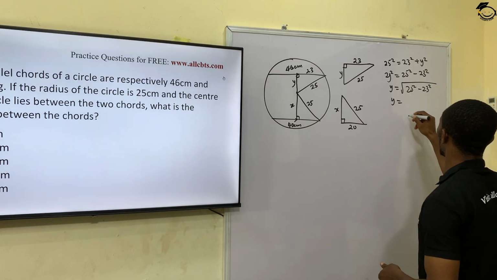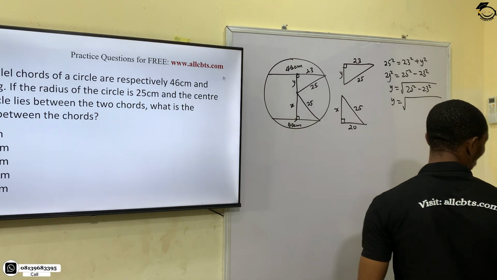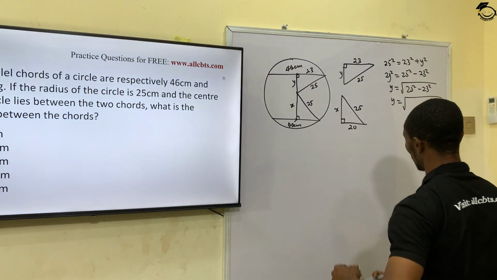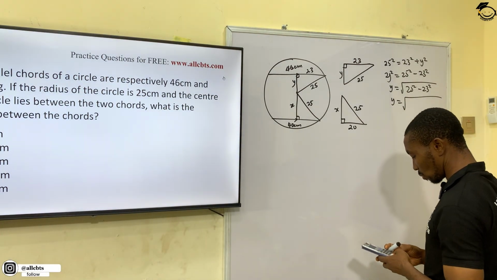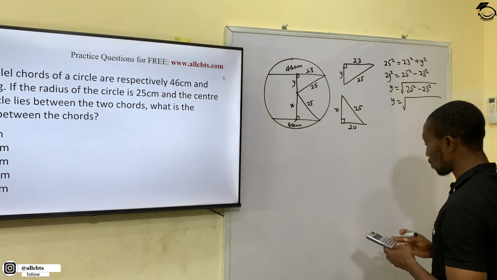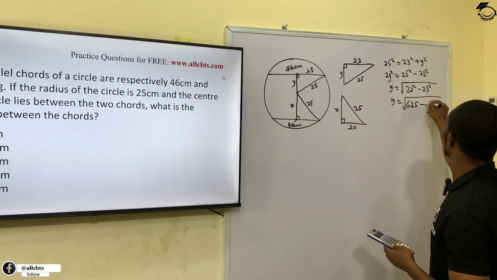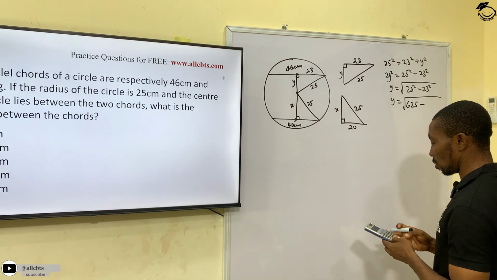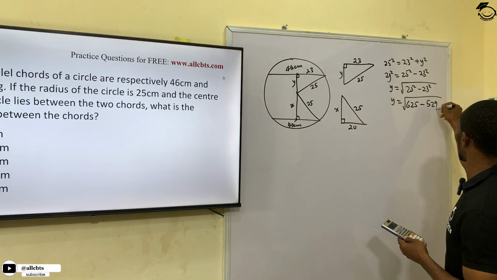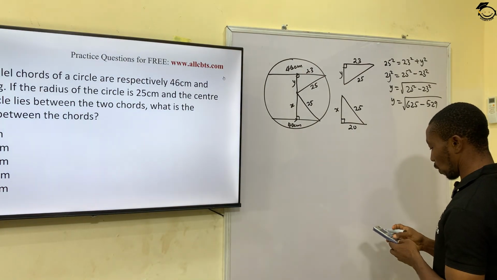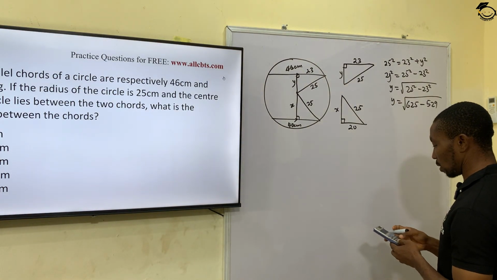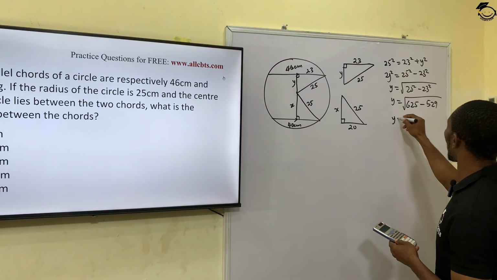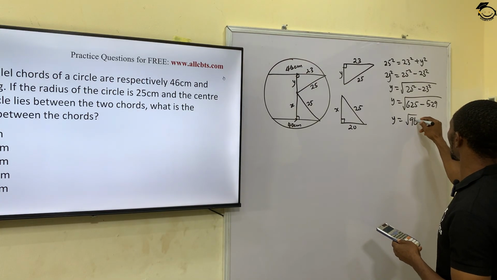Now 25 squared will be 625 minus 23 squared, which is 529. So 25 squared minus 23 squared would give us y equals root 96.